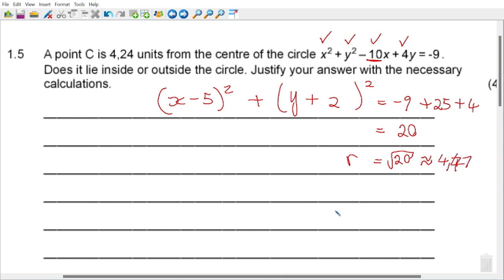Now this point is less than a radius away. The radius is 4,47. This point is less than that away from the center. It's only 4,24. We don't know exactly where it is. It doesn't really matter. But it's definitely inside the circle.